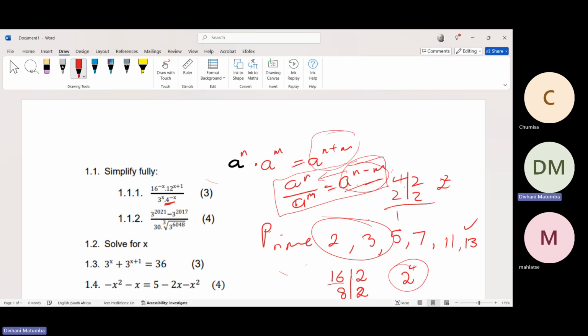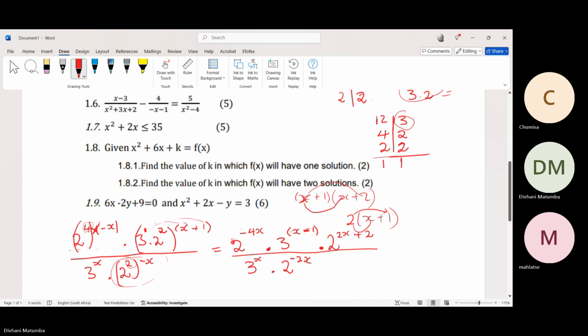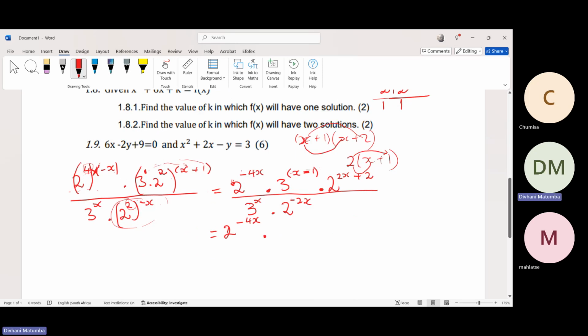So in order to break it down, we will have 3 to the power of x times 3 to the power of minus 1. Do you agree with that, Mahlatsi? So how is it a -1?